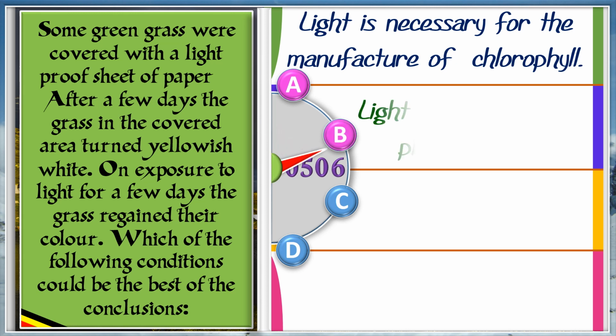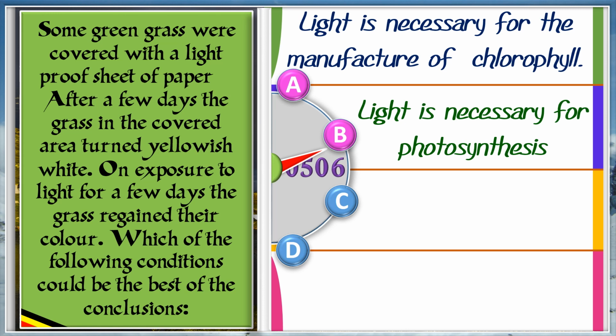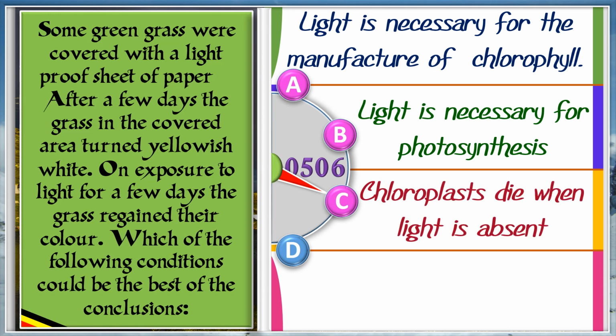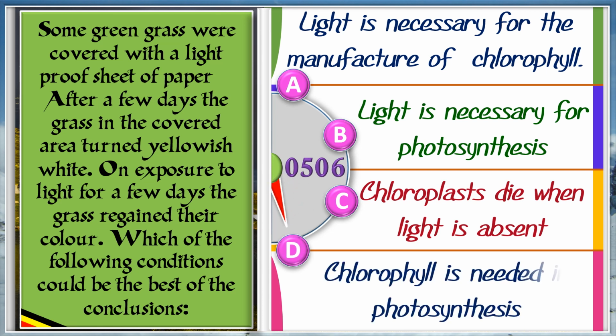B. Light is necessary for photosynthesis. C. Chloroplasts die when light is absent. D. Chlorophyll is needed in photosynthesis. And the answer will be A. Light is necessary for the manufacture of chlorophyll.